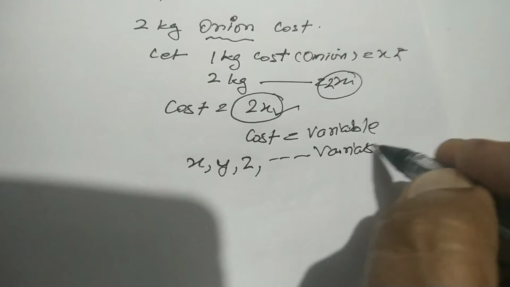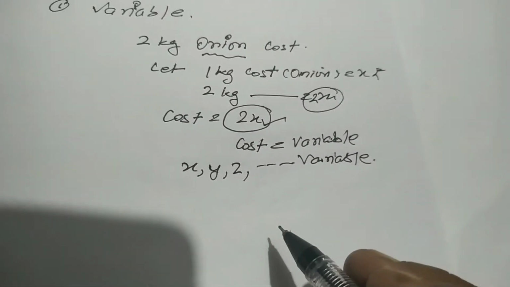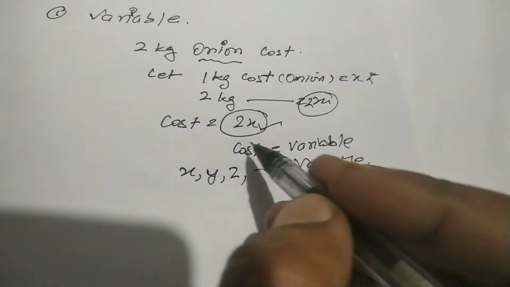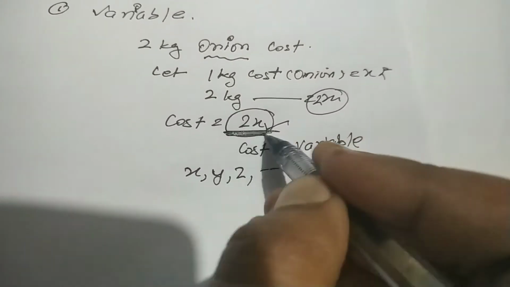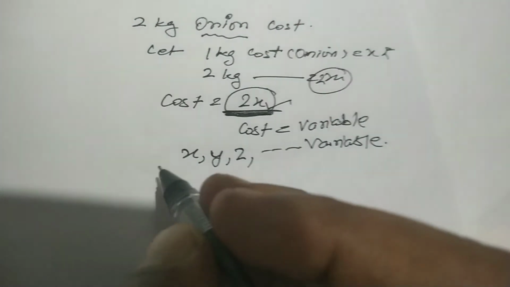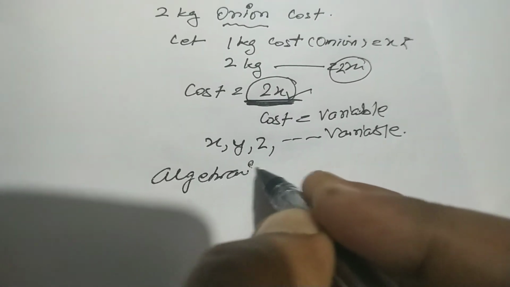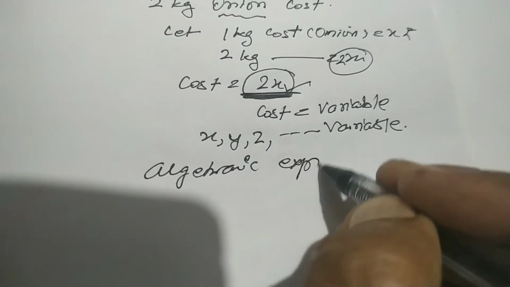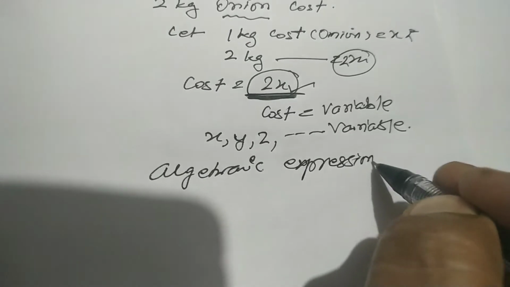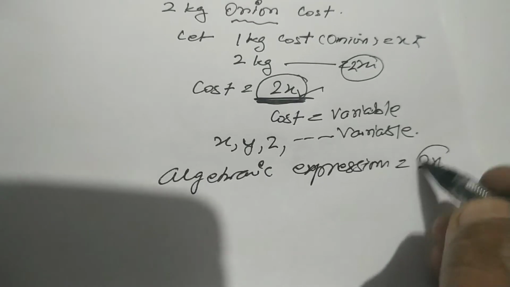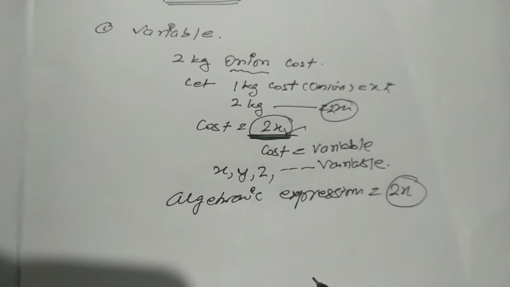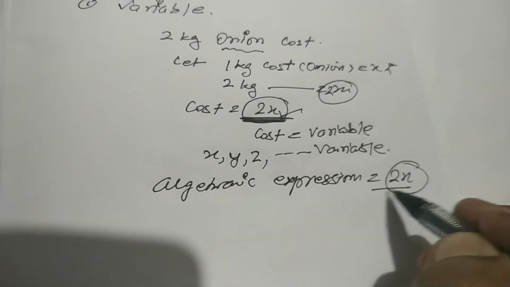It depends on what you let it be. And second thing, the cost is expressed by this, 2x. So this is called an algebraic expression. That is an algebraic expression, 2x, the cost of onion.